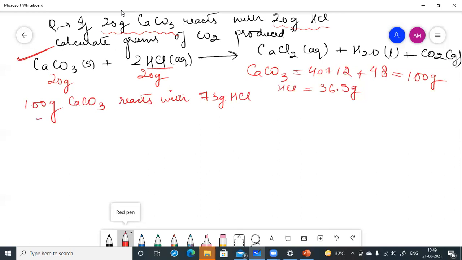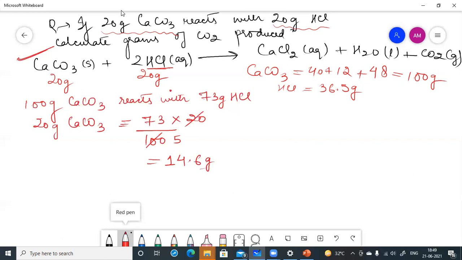So 20 ग्राम calcium carbonate कितने के साथ react करेगा? This will be 73 by 100 into 20, ठीक है। कितना आ जाएगा ये? Sir, 14.6. 14.6 grams of HCl.